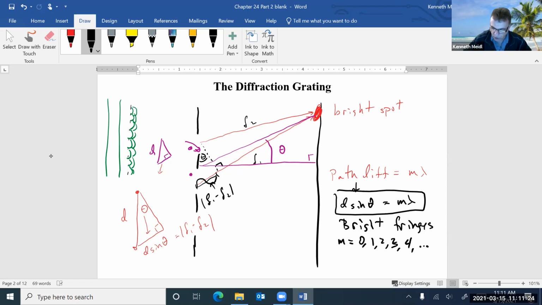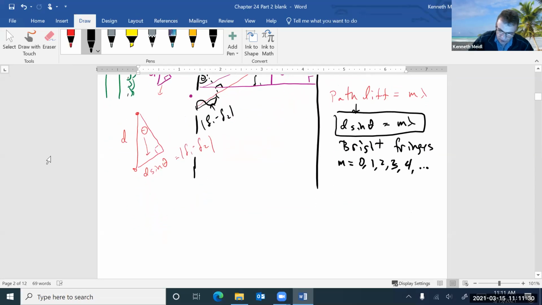And so, in a spectrometer, if you really take a look at what's going on in this equation, notice a couple things here, right?